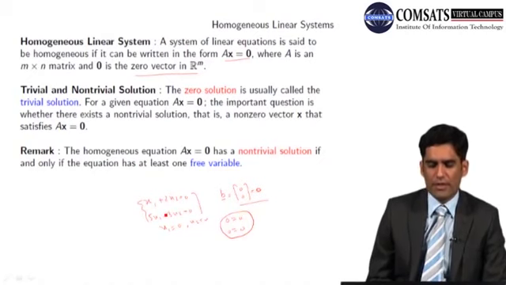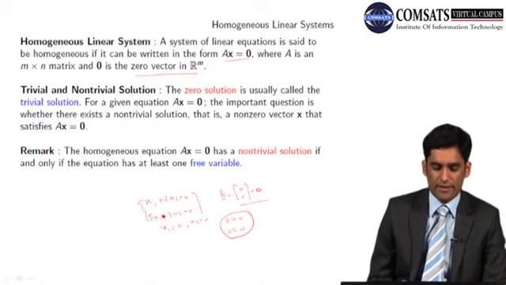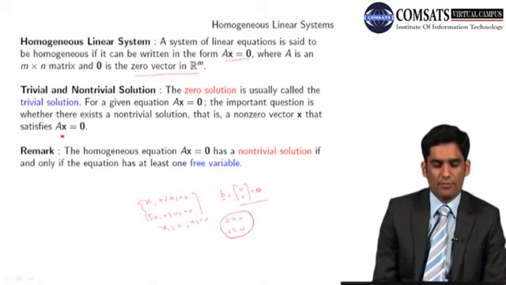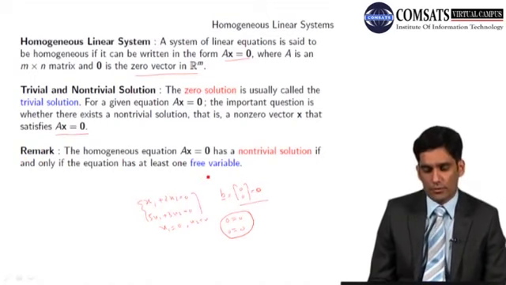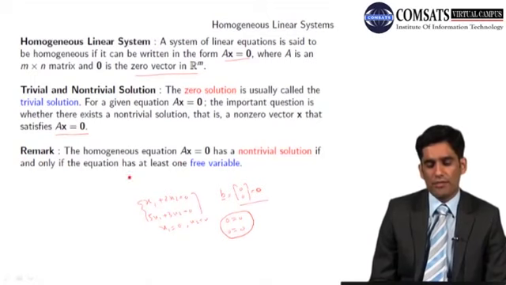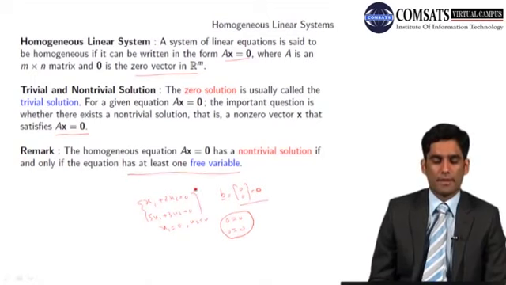For a given equation Ax equals 0, the important question is whether there exists a non-trivial solution, that is, a non-zero vector x such that this equation is satisfied. We have a remark. The homogeneous equation Ax equals 0 has a non-trivial solution if and only if the equation has at least one free variable.